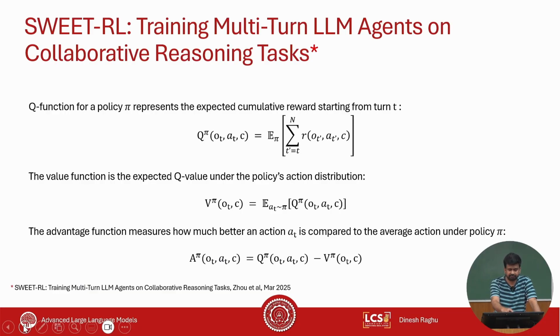You can easily derive this. It will just come out to be the difference between the Q value with OT and AT, subtracted by the value function of OT comma C. You take this for granted at the moment, that the advantage function is a difference between these.